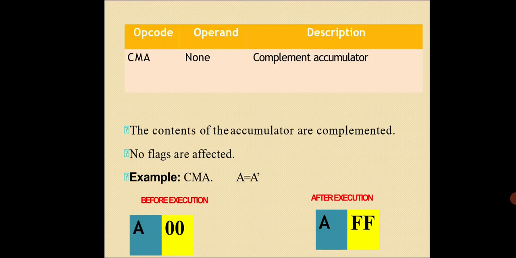So you can see in this example that CMA is A complement. Before execution, the content of A is 00 and after execution the content is A dash, that is A is FF. That means 1 is replaced by 0 and 0 is replaced by 1 in this complement instruction.